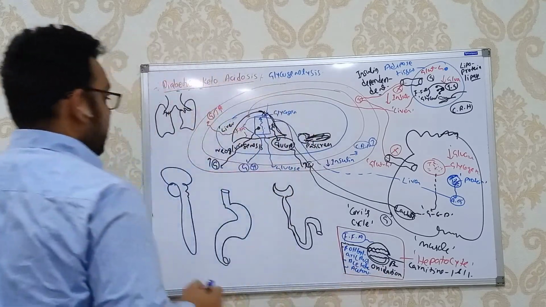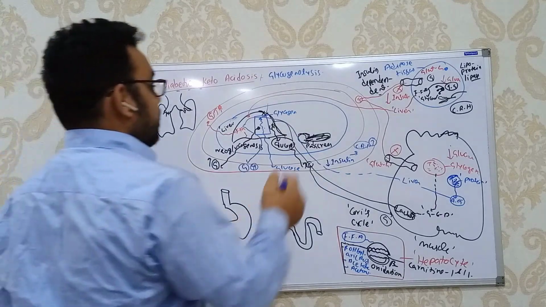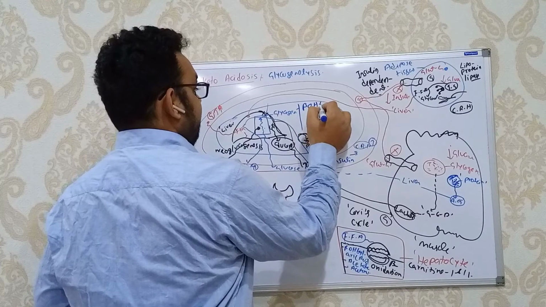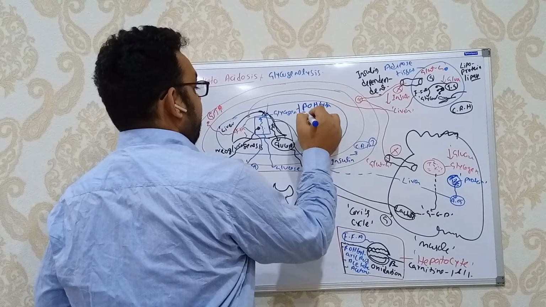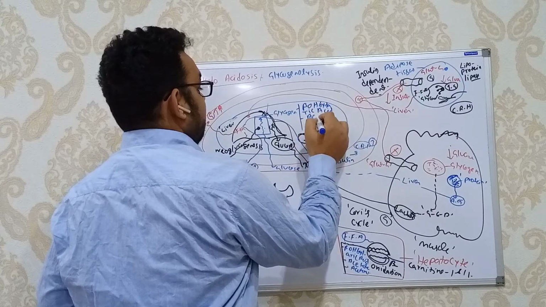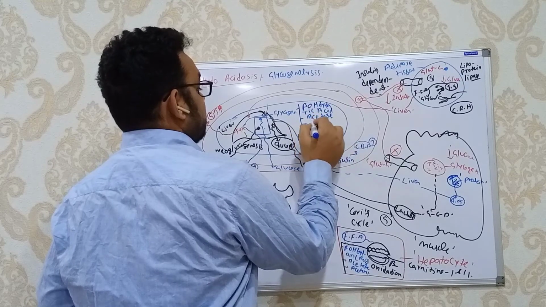So what type of ketone bodies are we getting? Let me write here also. We are getting beta hydroxy butyric acid, we are getting acetate, and we are getting also acetone.